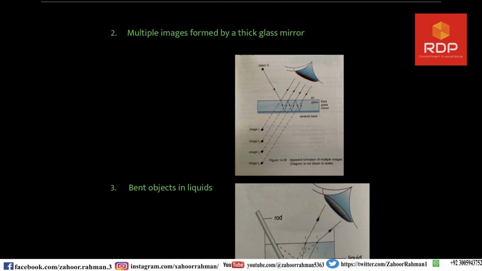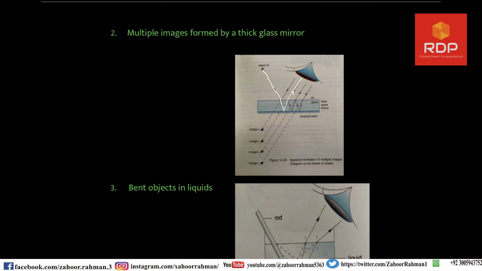They have given us such a figure, and they are asking which image will be the sharpest one and what will be the faintest one. So let us understand. The first one is this line coming and bending, and then going from here, and that is the actual phenomenon occurring from this object.